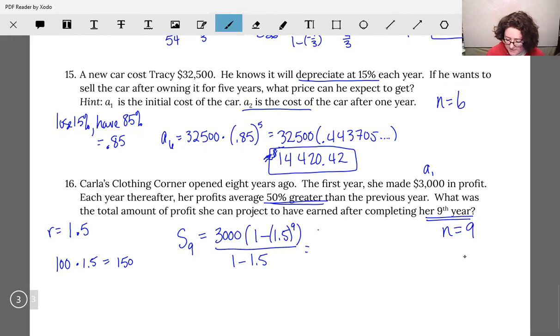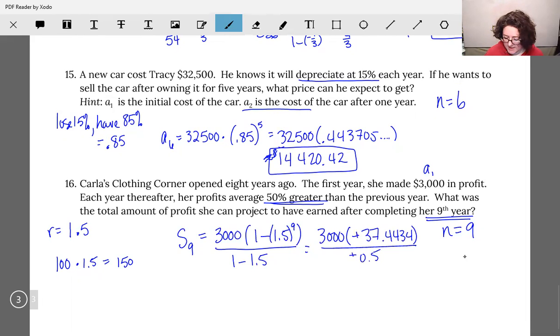So that's going to give us 3,000 times 1 minus 1.5 raised to the 9th power. Again, if you're careful typing it in, you can go all in one go. That is going to give us a negative 37.4434 approximately, all divided by a negative 0.5. My negative values kind of cancel each other out.